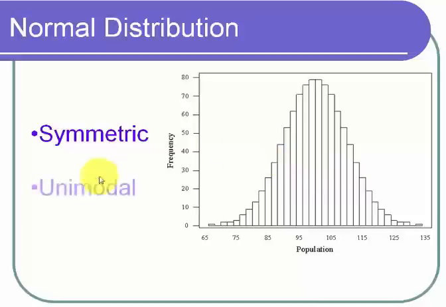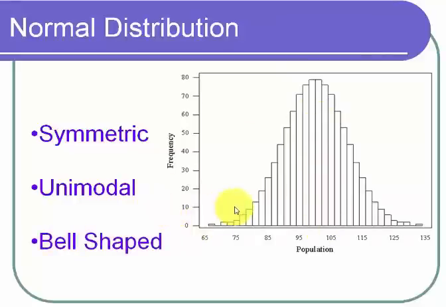Secondly, it's a unimodal distribution. There is only one hump, and that hump does occur right at the center. And then finally, it's bell-shaped. So it looks like a bell. If you kind of draw what this histogram is, it looks like a bell. So this is an example of a histogram that is approximately normal.